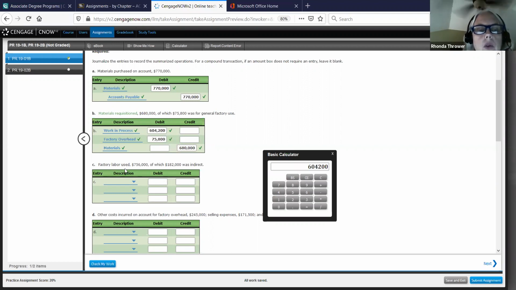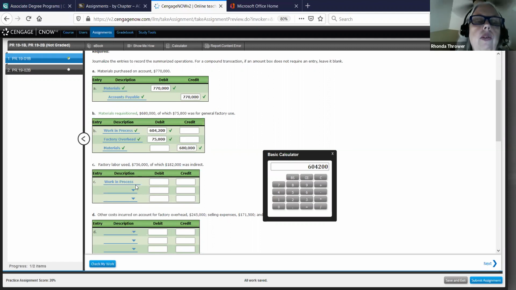For C, we're talking about factory labor that was used. The total amount that was used was $756,000, of which $182,000 was indirect. What we're going to debit is our direct labor for the amount of direct wages, and that direct labor would go straight into work in process.